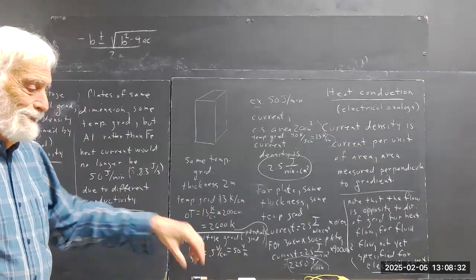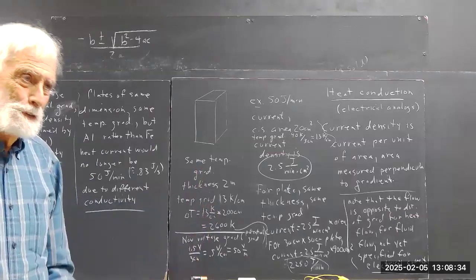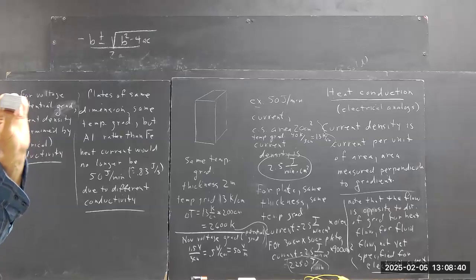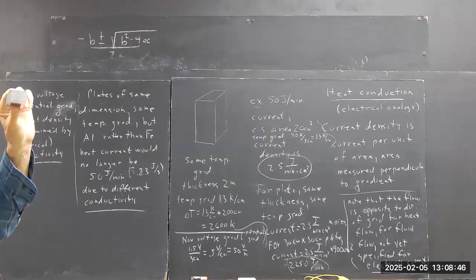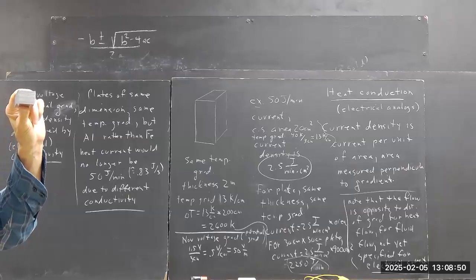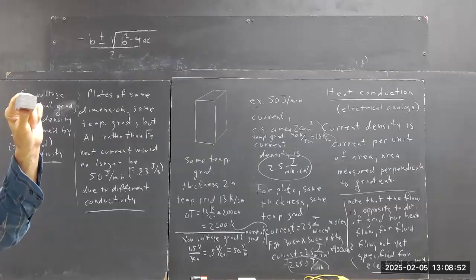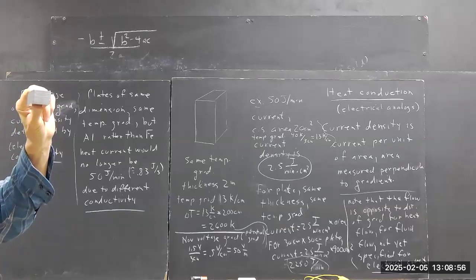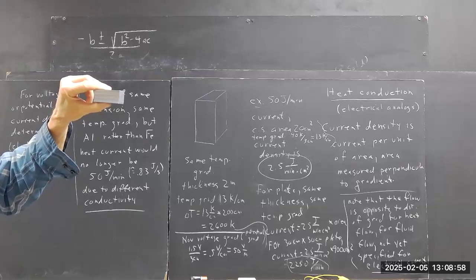And that sucks out some of your potential gradient. Okay. So you don't have the full potential gradient. But we could measure potential here and here with a meter. Just put a lead here and a lead here, and we can figure out what the actual potential gradient is. And then we could put an ammeter on it, just put the ammeter in series with the circuit, and get the current. Okay, so we could really verify this nicely.